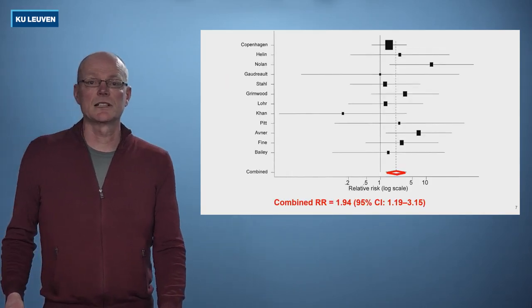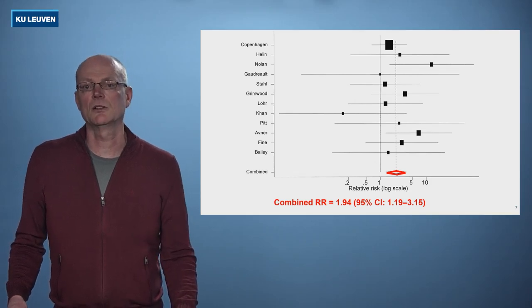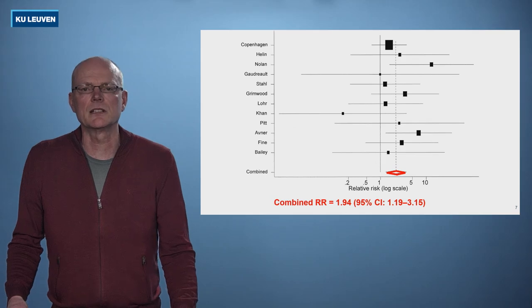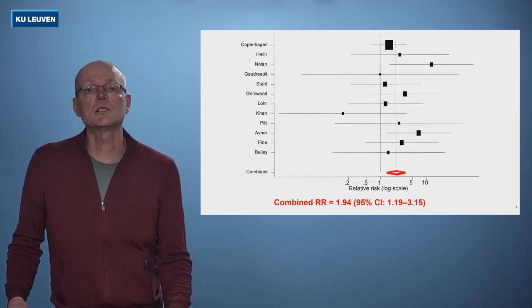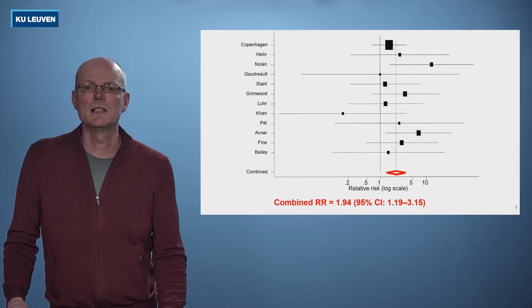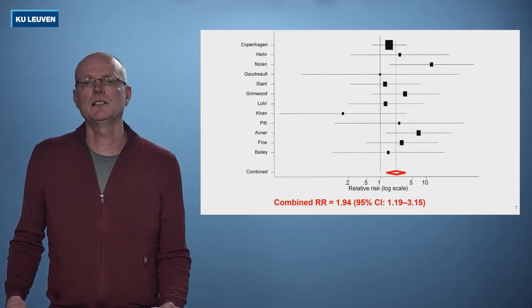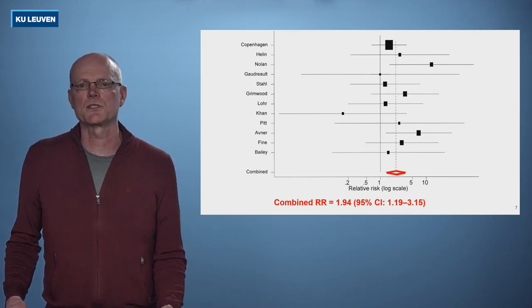Here the results. Let's look first at the observed effect sizes, given with dots in the confidence intervals. You can see that the observed effect sizes are typically larger than 1, but confidence intervals most often include 1. This means that in most of these studies, no convincing difference between the short course therapy and the long course therapy was observed.